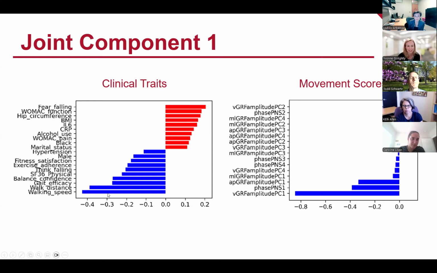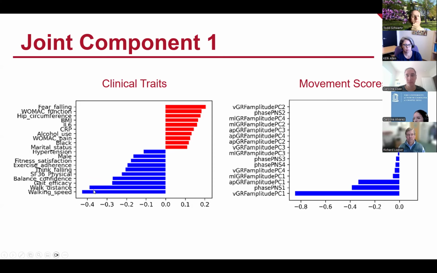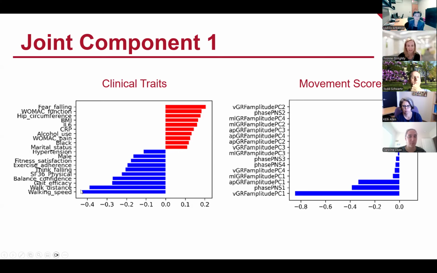Essentially, when we were trying to figure out how to interpret these loadings and communicate them to others as we were writing the paper, we looked at those where we could visually see that they had the greater magnitude loading. That is what we would use for describing the clinical traits data block and the movement scores data block, and then talking about how they were associated.